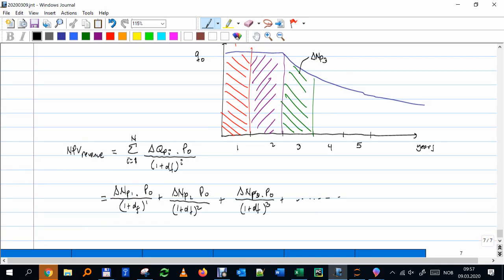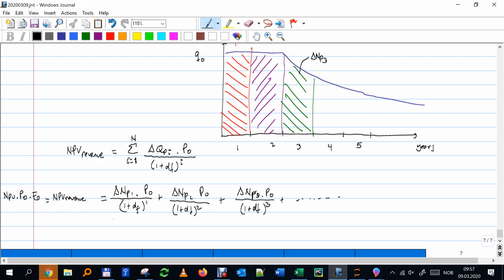What we are doing here is saying that this can be represented also as NPU, the total cumulative that I produce, times the price times this discount factor. That's what we are doing in our exercise.